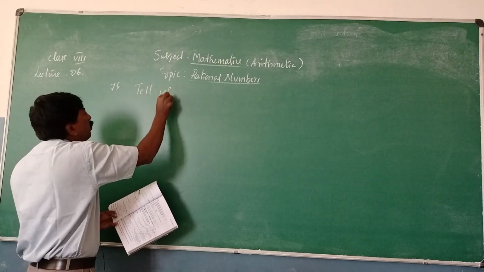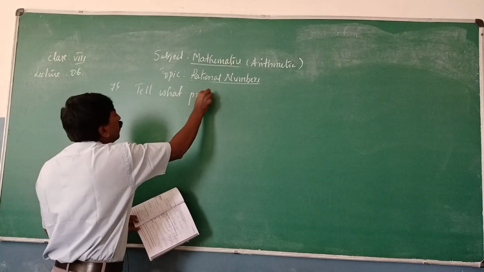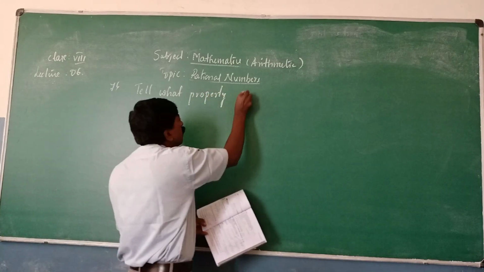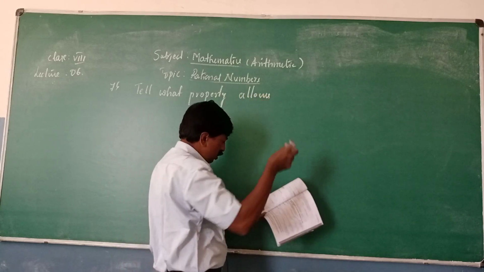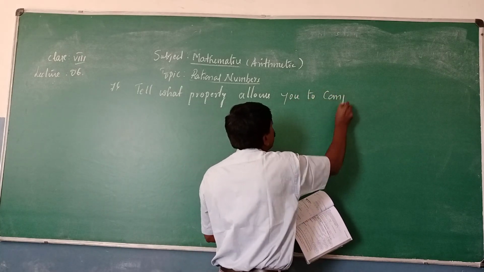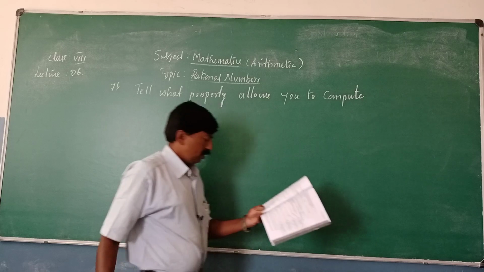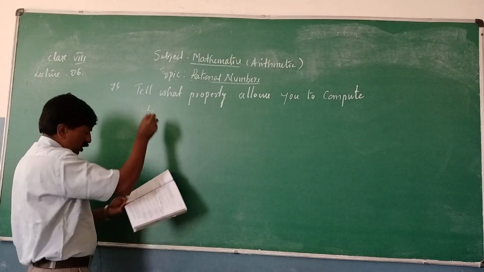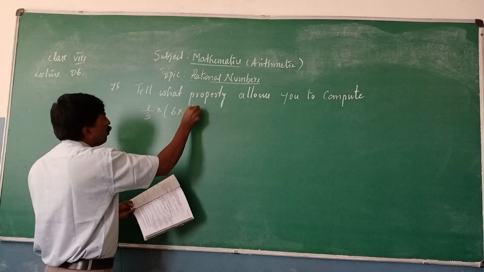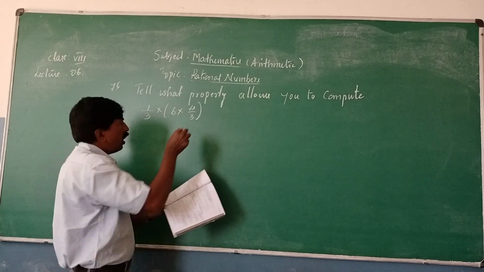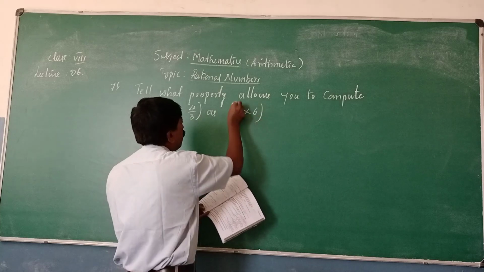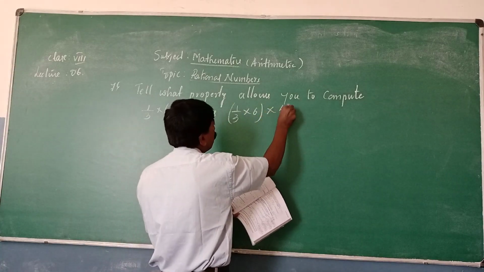Tell what property allows you to compute 1 by 3 into bracket 6 into 4 by 3 as 1 by 3 into 6 bracket into 4 by 3.